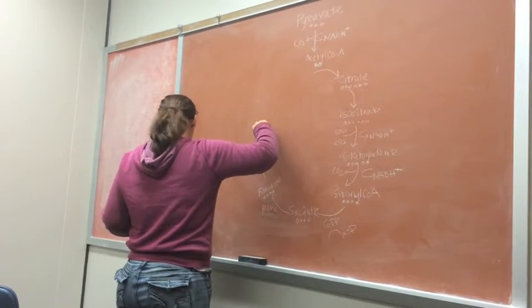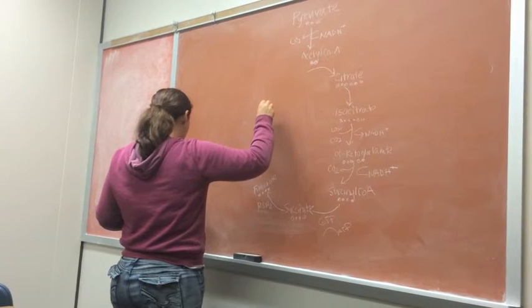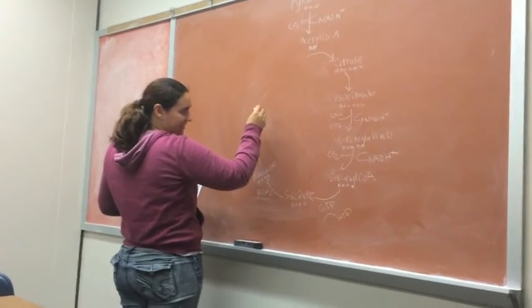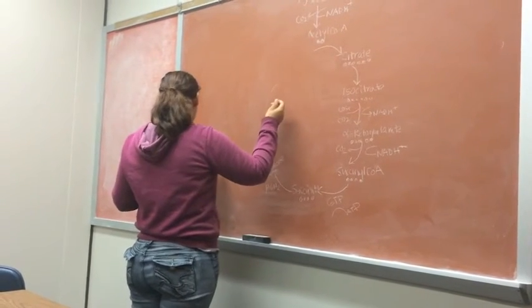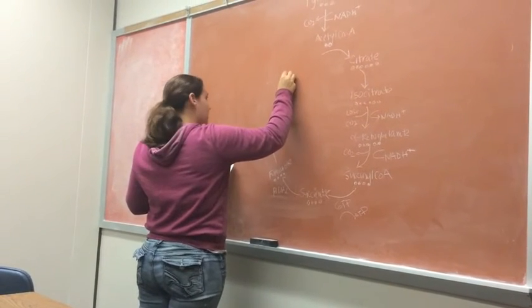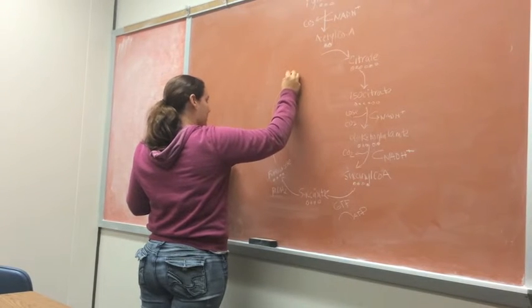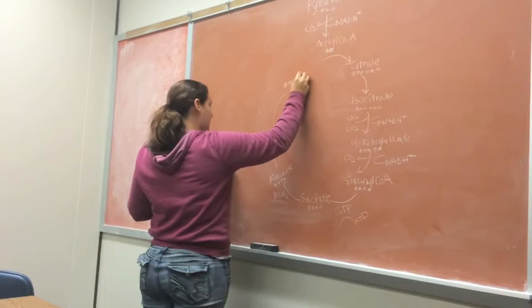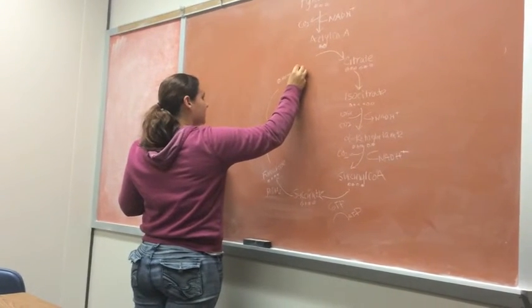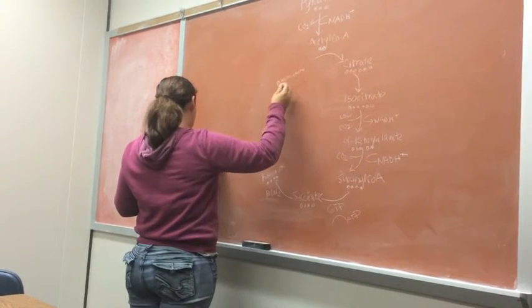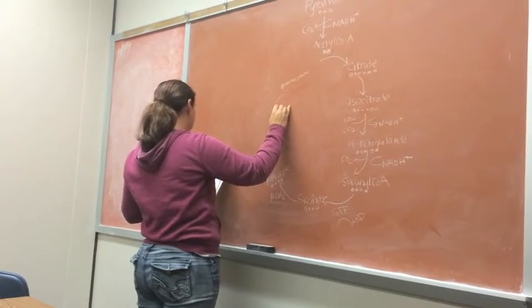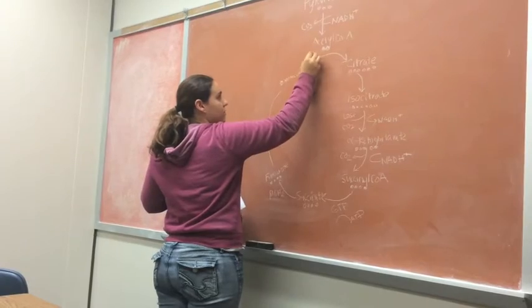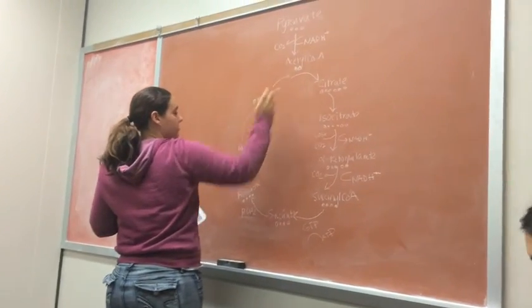So it goes from malate to oxaloacetate, which has 4 carbons, and it gains another NADH plus. And then it just starts the cycle back over.